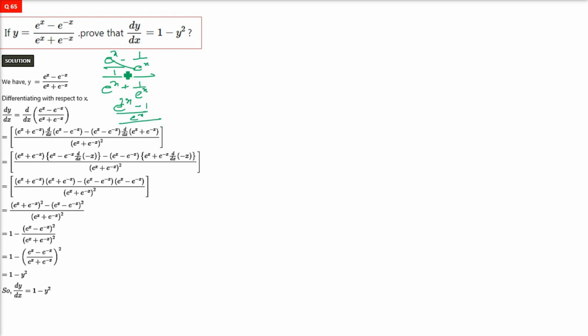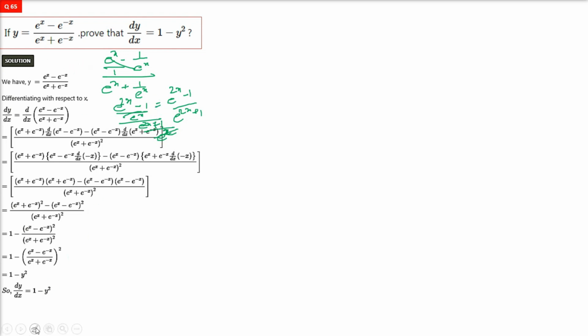And in the denominator, you can have e to the power 2x plus 1 divided by e to the power x. This gets cancelled. So e to the power 2x minus 1 divided by e to the power 2x plus 1. That is the final, and that will make the transition and the solution easier. That's just the thing which will make it easier to solve.